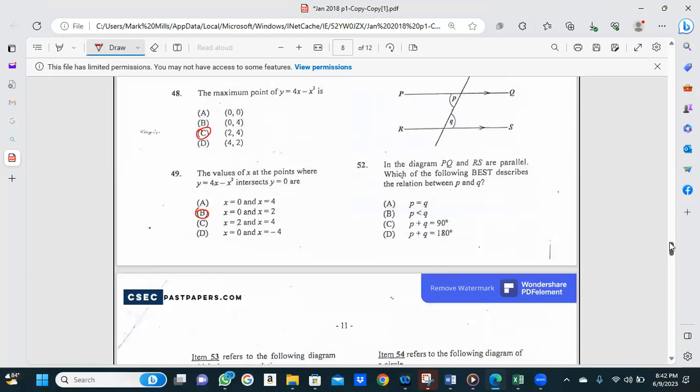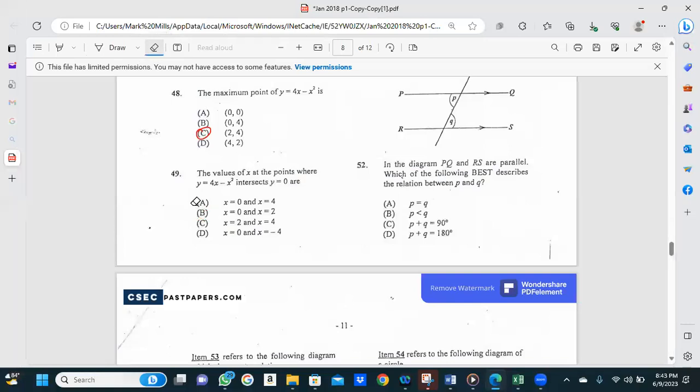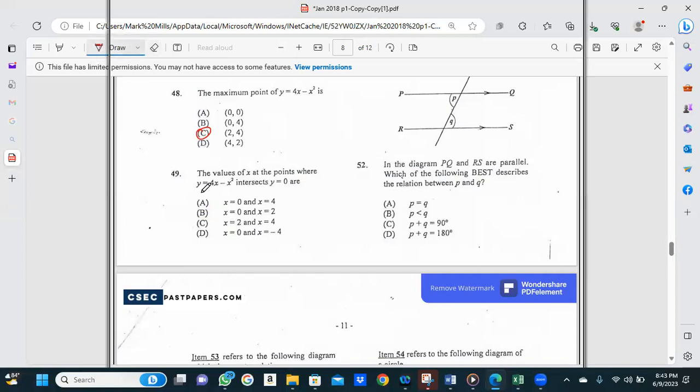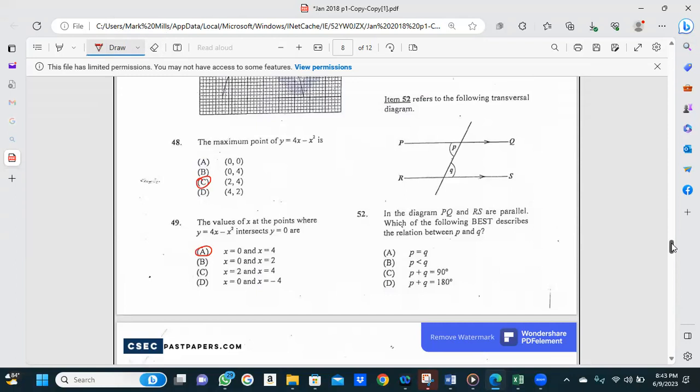It's supposed to be A. Everybody get that? Case corrected, right? Thanks.